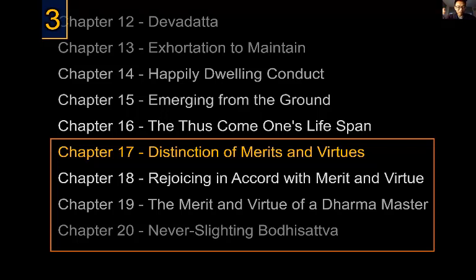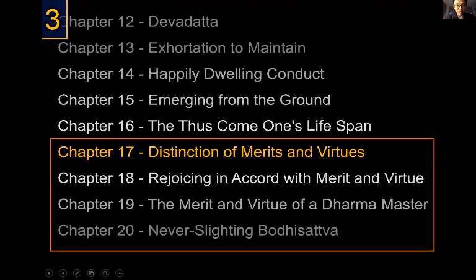And all in all, we have an example of a person, the Never Slighting Bodhisattva, how with his very, very humble actions, he continues to learn non-stop, really moving towards and matching that true nature that we should all have.